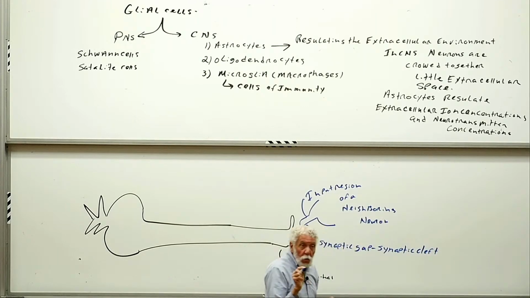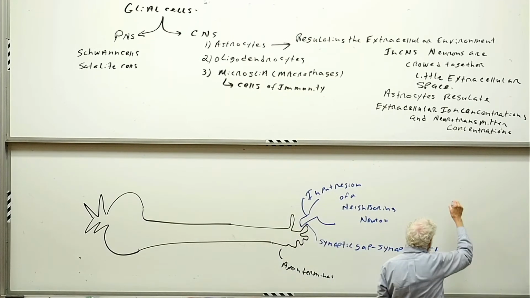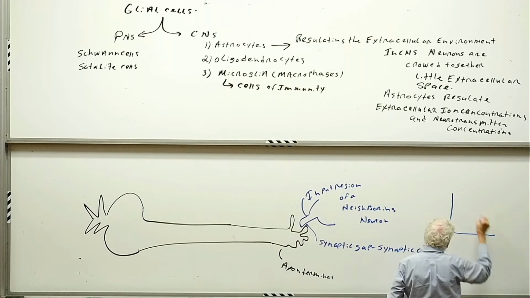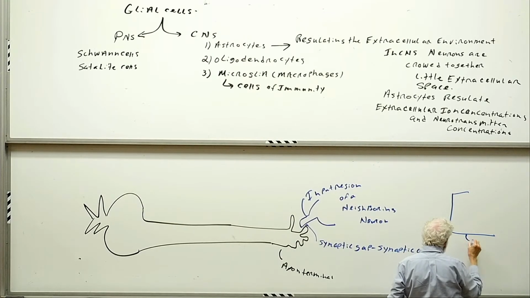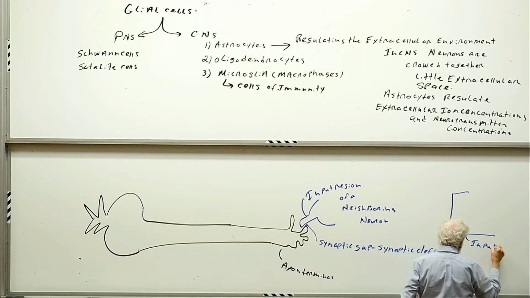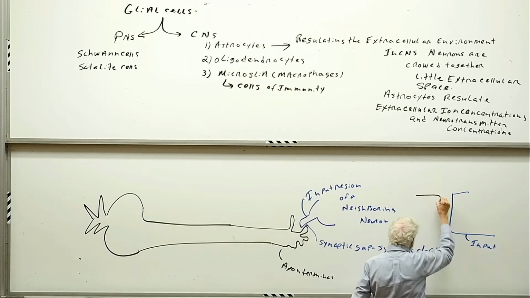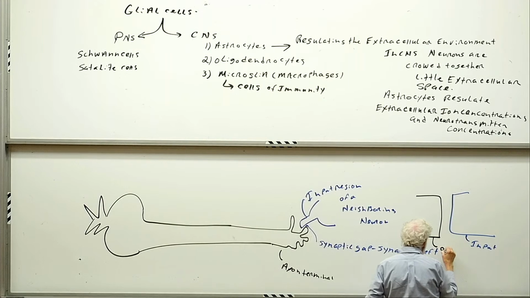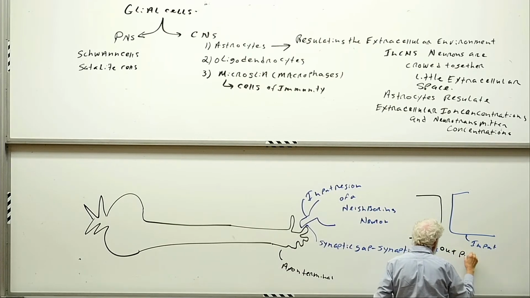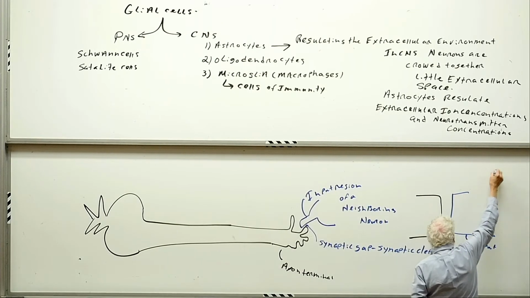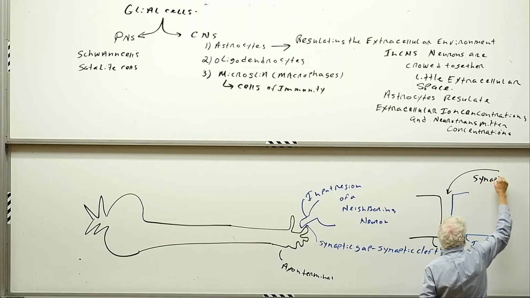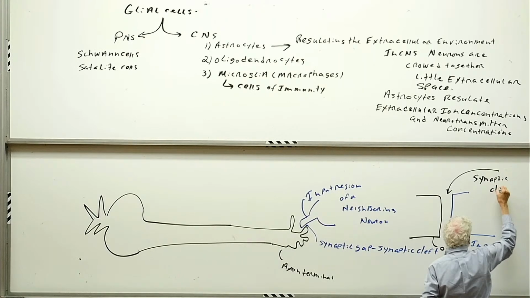So if we draw these two membranes, we'll draw this membrane here as the input region, keep that in blue, and over here we're going to now think about the output region. And this space between is called the synaptic cleft or gap.